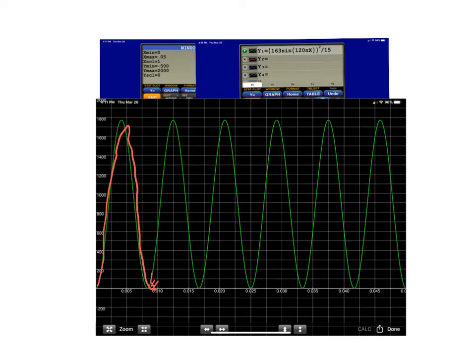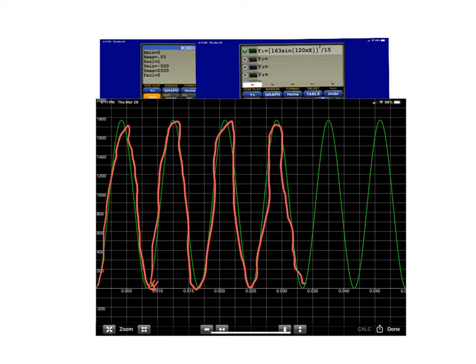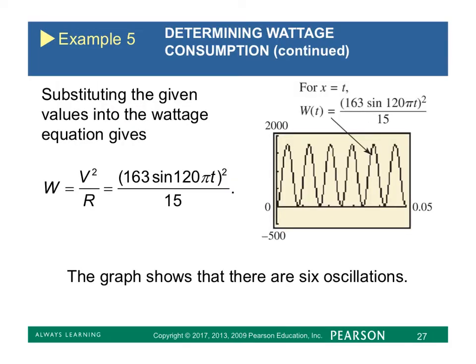Starts over again here. 2, 3, 4, 5, 6. Just a graphing exercise. And there is 6 oscillations. Wow, that was fun.